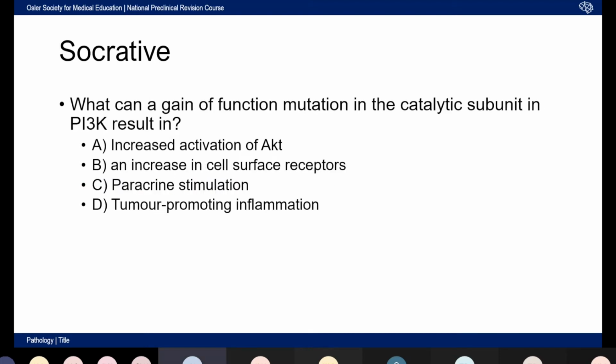Next, what can a gain of function in PI3 kinase result in? Yep, okay, so I think most of you got this. So it's an increased activation of AKT.